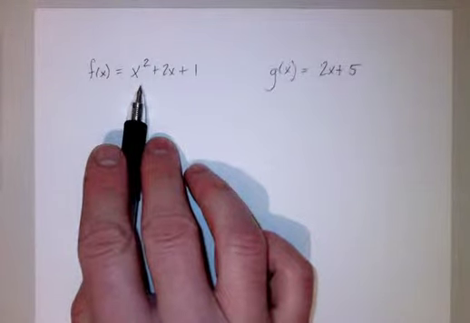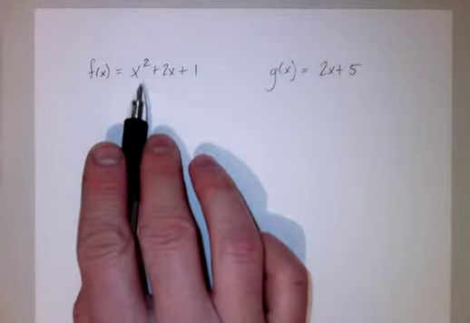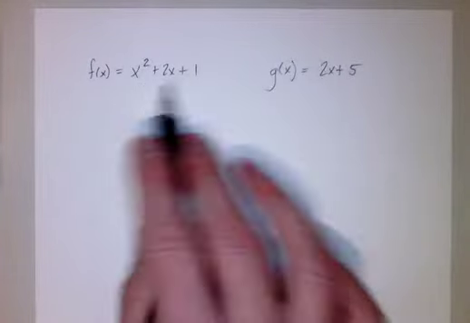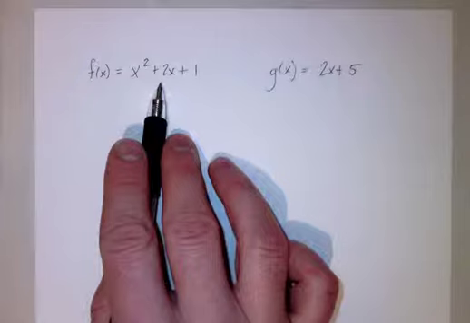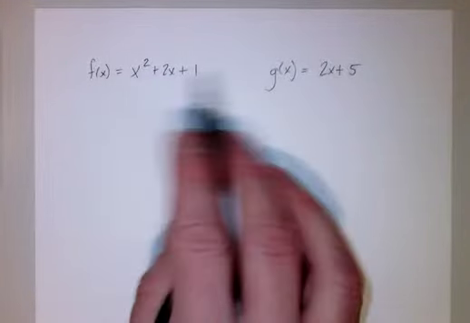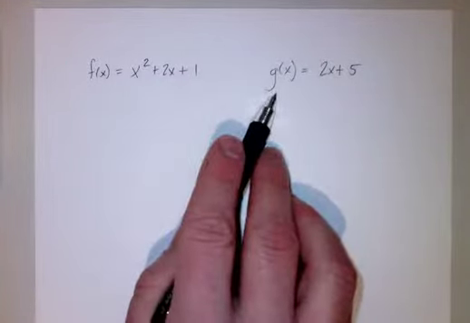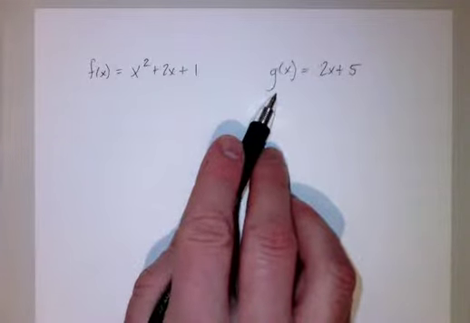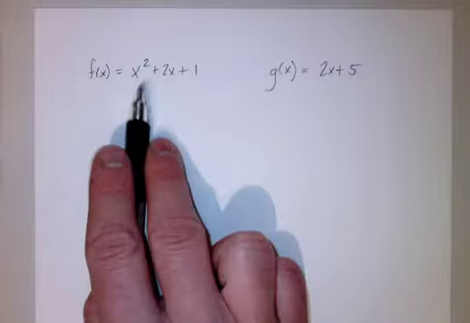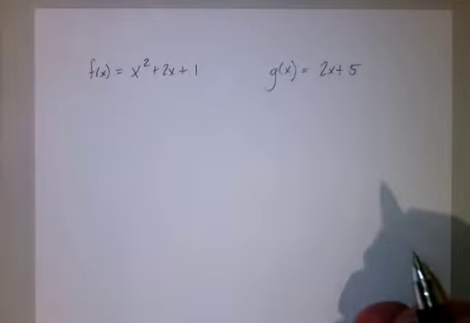But you have to remember that since I'm just given two of these equations and I'm not given limits of integration, it stands to reason that the limits of integration are implied by the two functions, meaning that your limits of integration are going to be determined by where these two functions meet.